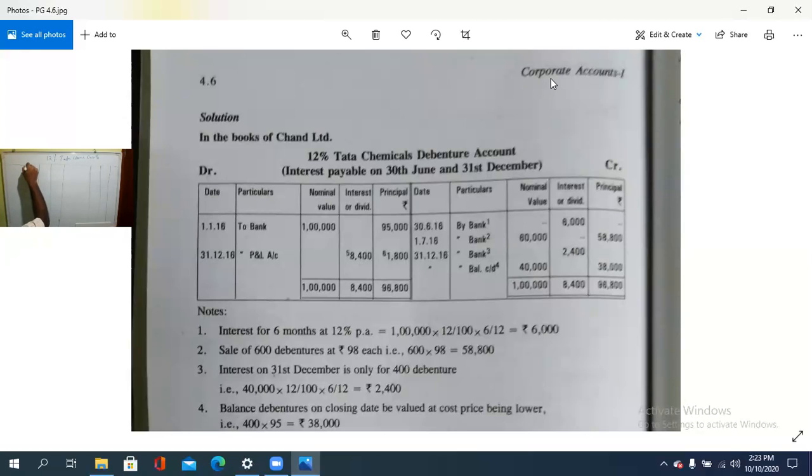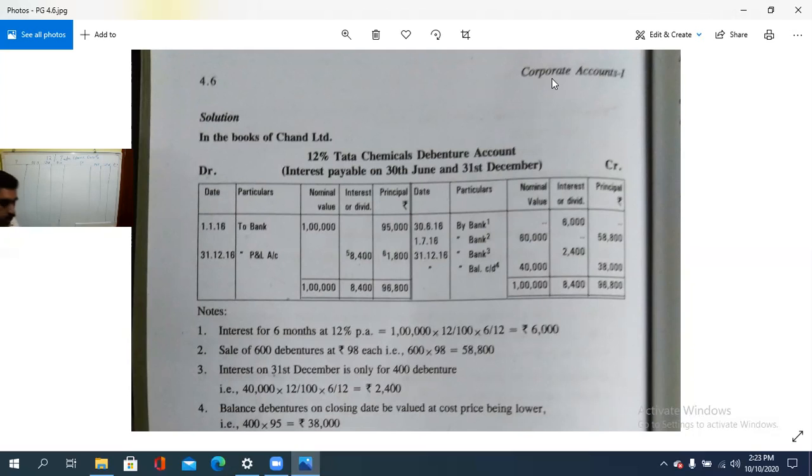So this is the date, particulars, nominal value, interest, and principal value, and the same on the other side: particulars, nominal value, interest, principal value.